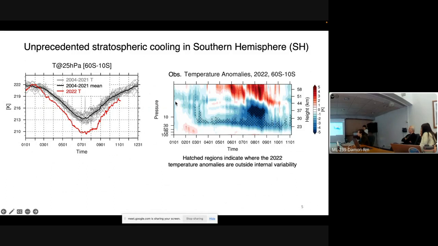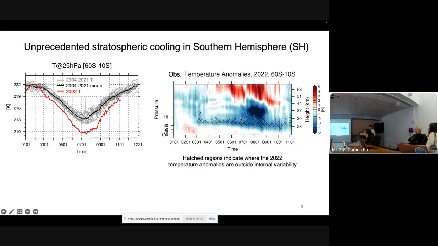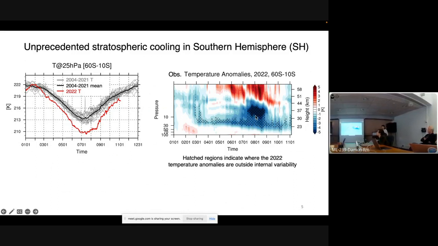Now I want to show you where this cold anomaly happened as a function of time versus height. This cooling anomaly in 2022 mainly occurred in the middle stratosphere. It got stronger with time and maximized in the winter season in the southern hemisphere, but slowly came back to normal afterward.